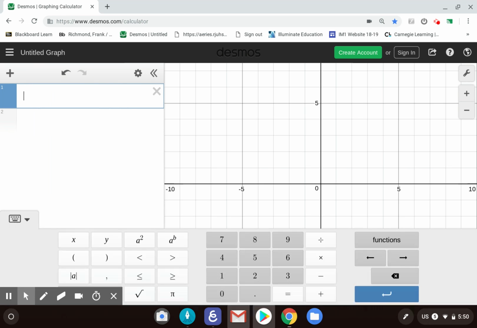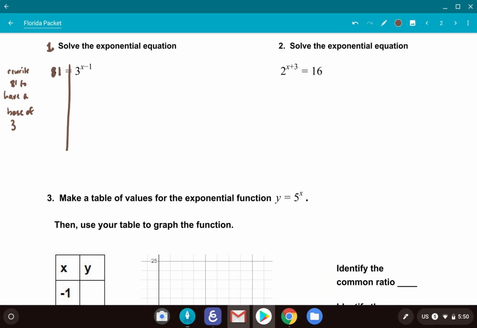If I were to rewrite that, I would just keep multiplying 3 times itself until I get to 81. And I can see that 3 to the 4th power is equal to 81. So I'm going to rewrite my 81 to be 3 to the 4th power, and then just bring down the right side of your equation.